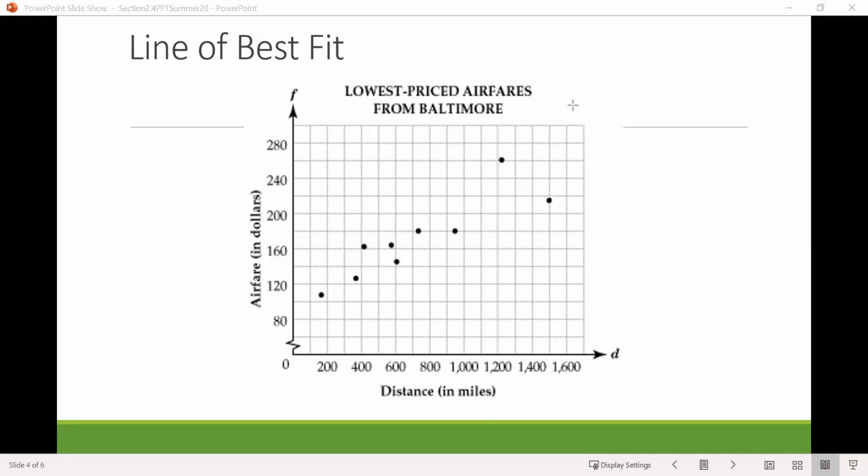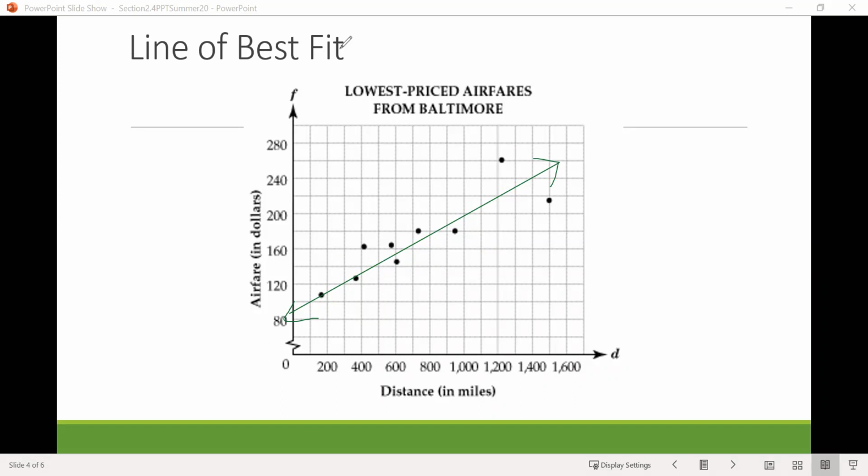Maybe we could do something like that. Now notice that's following the trend of the data, with about 4 dots above and 4 below. So I split the data pretty evenly, and this is probably a good guess at a line of best fit.